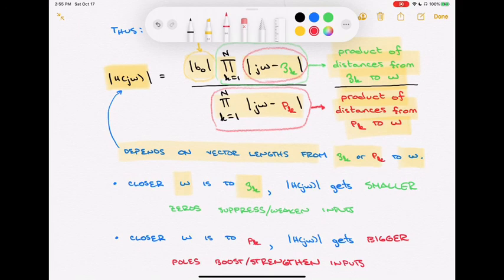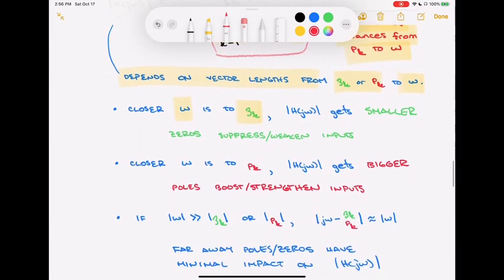So poles boost or strengthen inputs. Poles and zeros do exactly the opposite things, right? Poles make bigger, zeros make smaller. If we take a little bit further look and we think about frequencies that are really, really far away from a pole or really, really far from a zero, then the difference there is approximately just the omega.